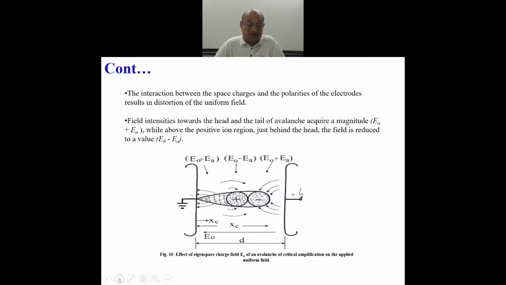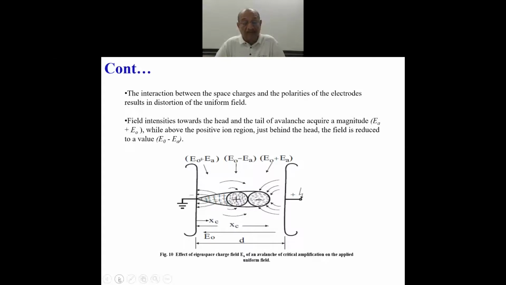The interaction between the space charges, that is positive and negative space charges, and the polarities of the electrodes results in distortion of the uniform field. When an avalanche of above critical amplification is able to grow within the gap, the field between the two electrodes is disturbed and the field intensity is no longer uniform.